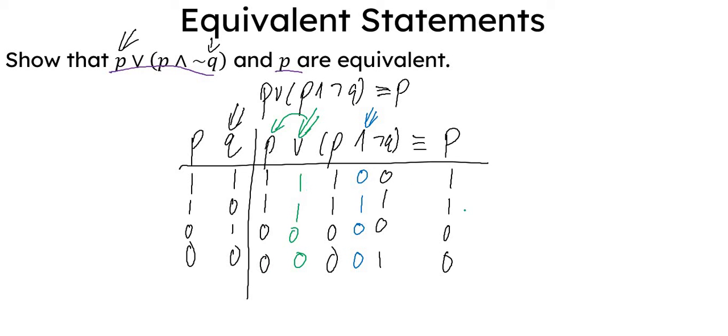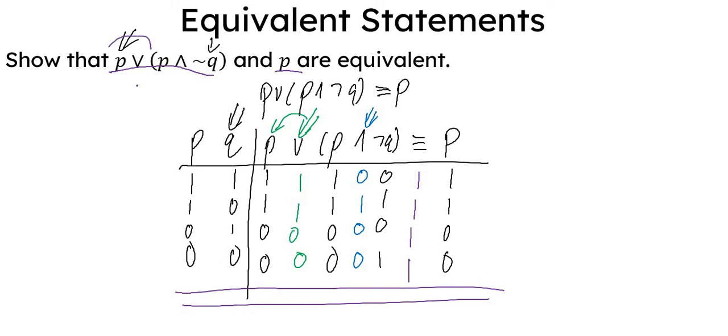And as we can see, they are again similar. So finally, I will have true if and only if true is true. True if and only if true is true. False if and only if false is true. And false if and only if false is true. So this is the truth table that shows that these two statements are indeed equivalent.